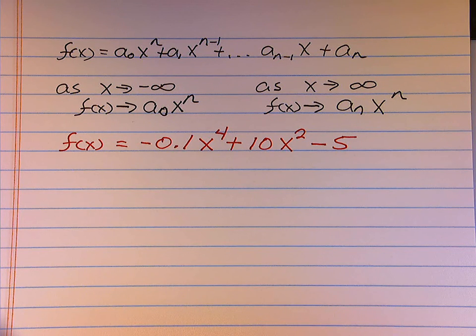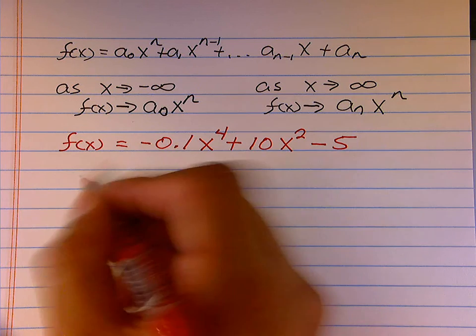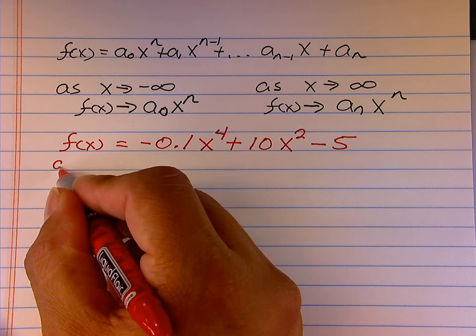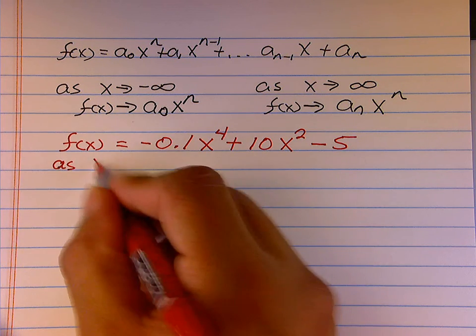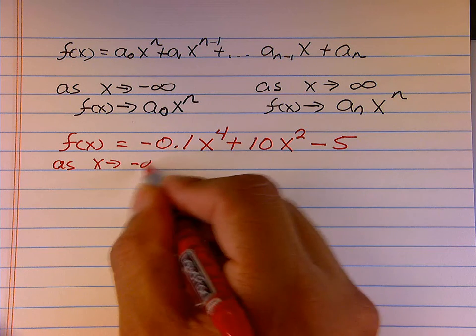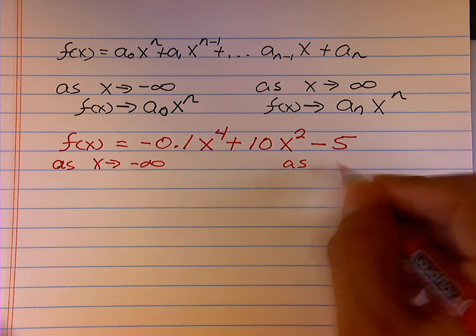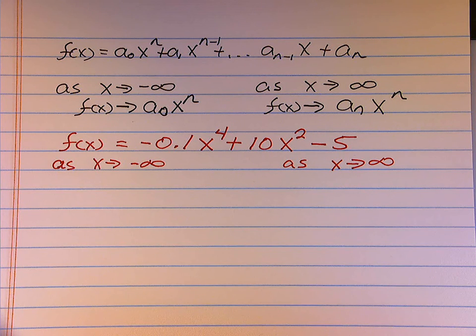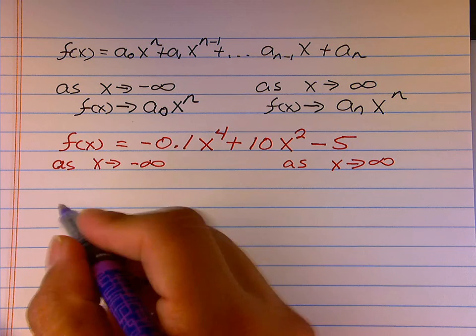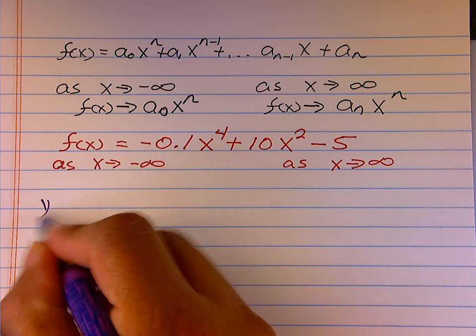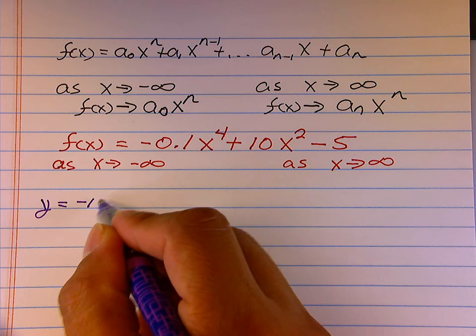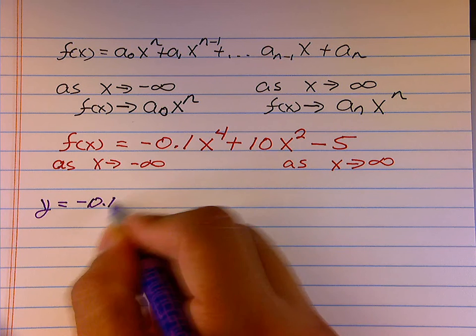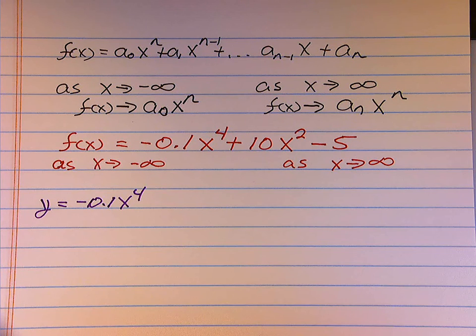According to my theorem, if I asked you to answer what was happening to f of x as x went to the left and as x went to the right, basically my theorem says all I need to know is what's happening with the lead power function.